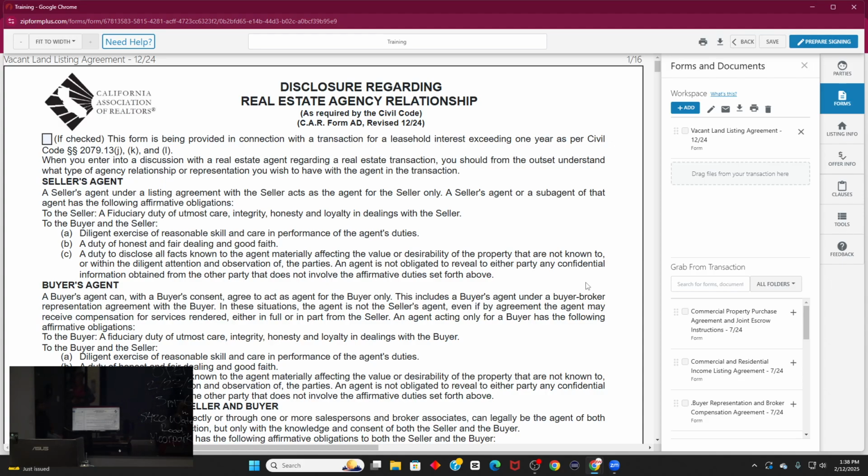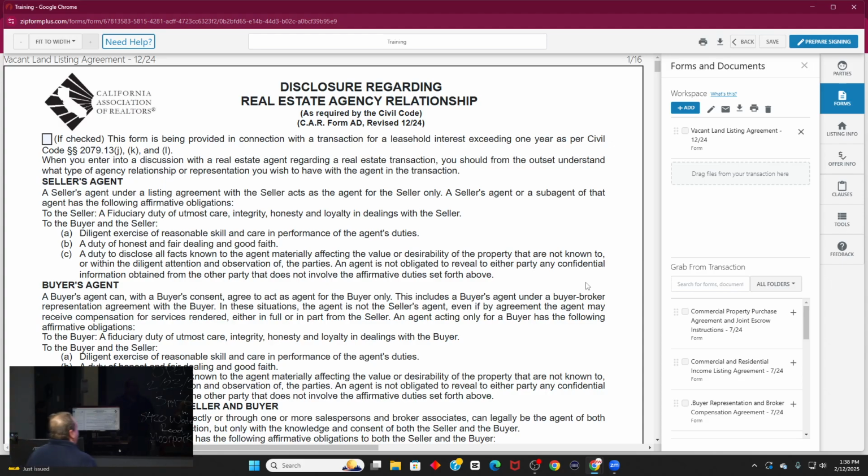No, wait a minute, it's a disclosure. Yeah, it's a disclosure. It says that an agency relationship exists, or can exist, in the state of California.